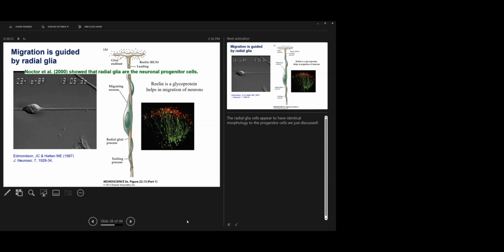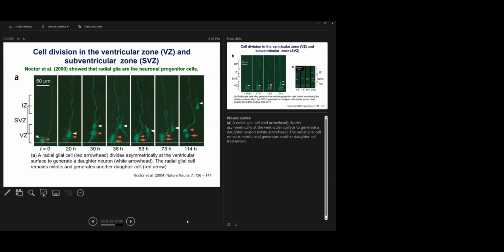As I mentioned before, the neuronal progenitor cells are developed from the radial glial cells. The radial glial cells are the mother of the neuronal progenitor cells, and they also help in the migration of neuronal cells. Here is the experiment that was done to show that radial glial cells are the progenitors for the neuronal cells.